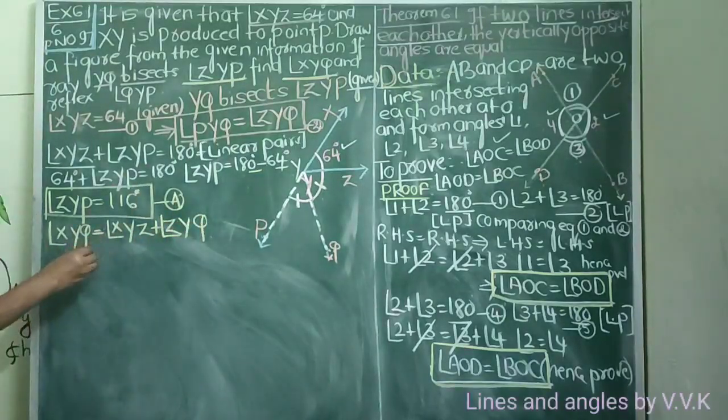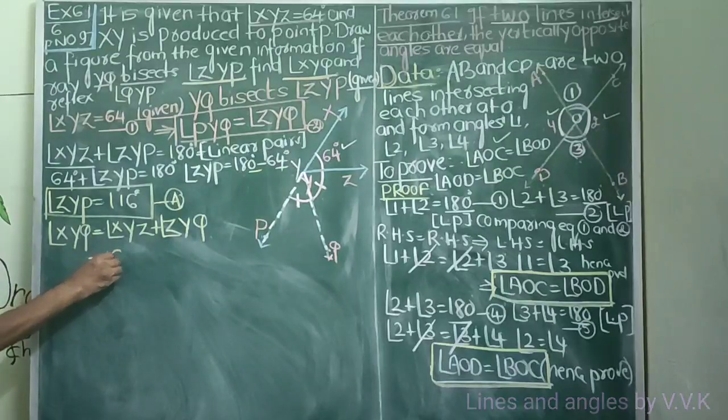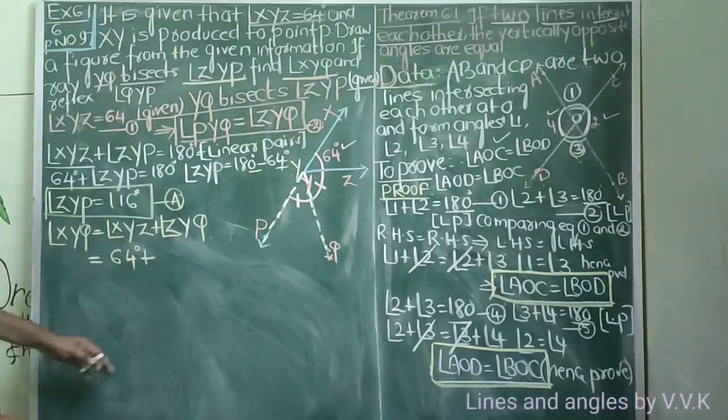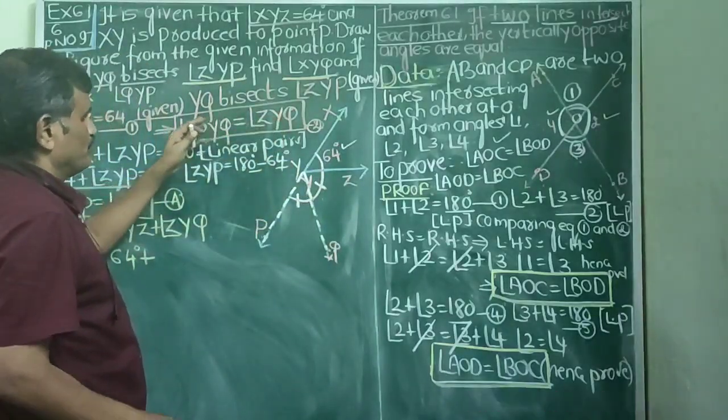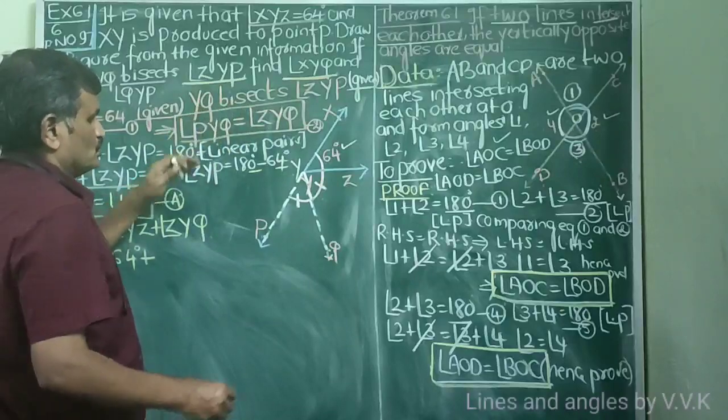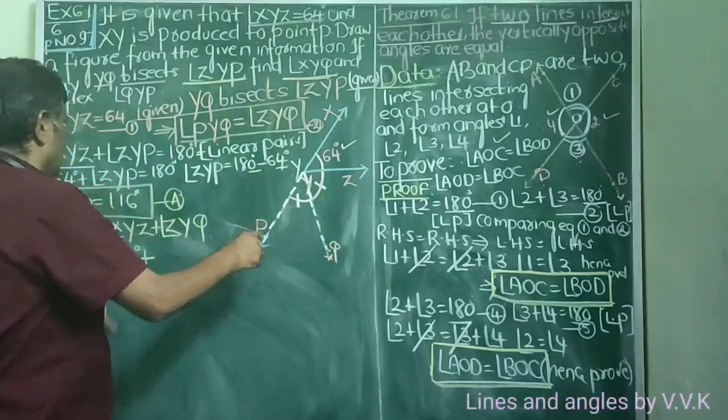Now children, here XYZ is already 64 degrees, and ZYQ, if you want, it is very simple. I have told you that ZYQ and PYQ are equal. So this angle and this angle are equal, and together they make 116.